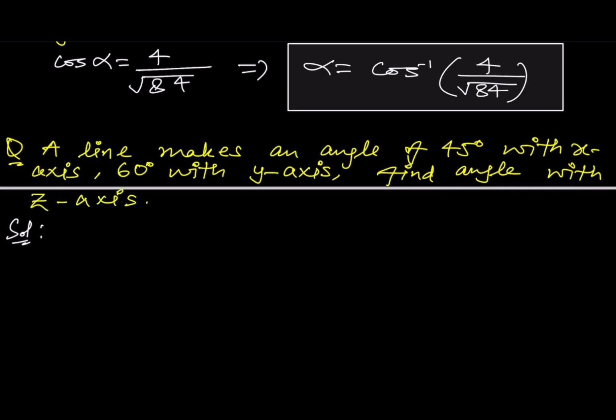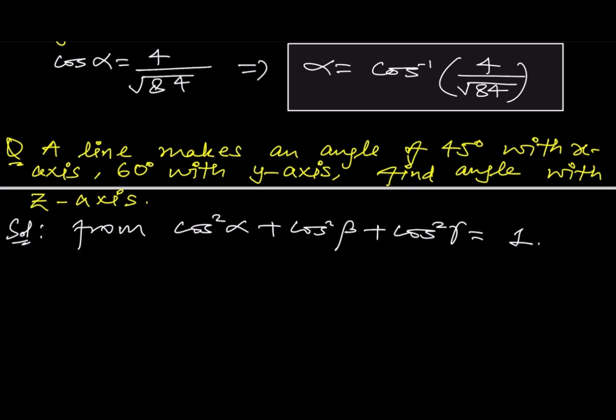Right? So I have to find the angle which the line is making with z-axis. So from cos square alpha plus cos square beta plus cos square gamma is equal to 1, I can get this gamma.